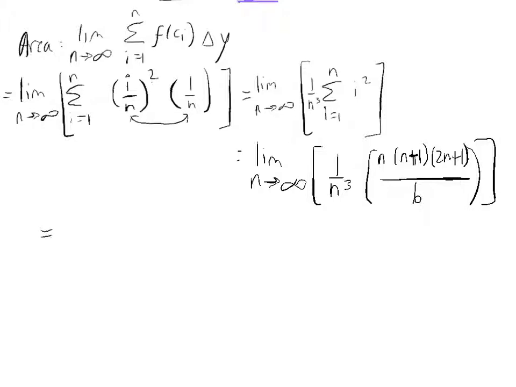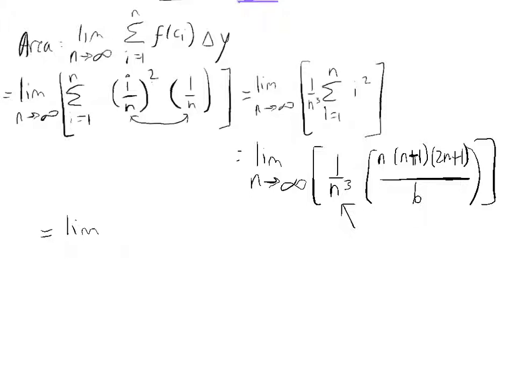Multiplying that out, you'll find in the long run the only term that matters is the term that has an n cubed on the top, because any other terms are going to be left with an n on the bottom, and we just saw if there's an n on the bottom, that term goes away with the limit.